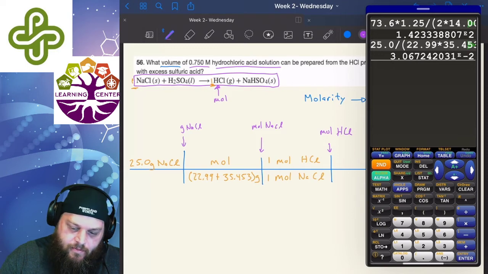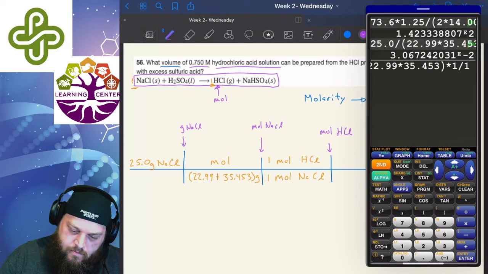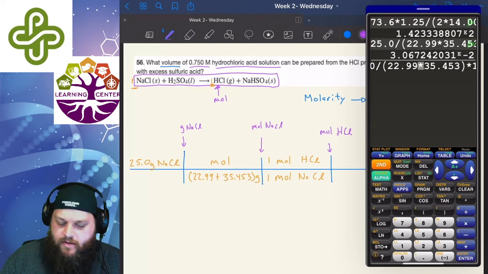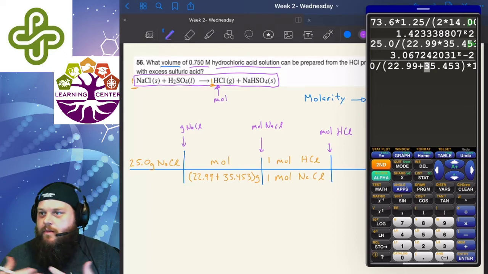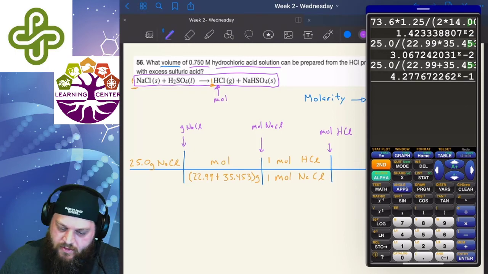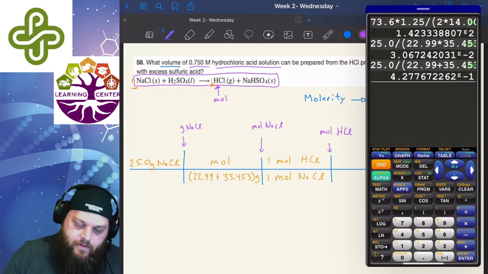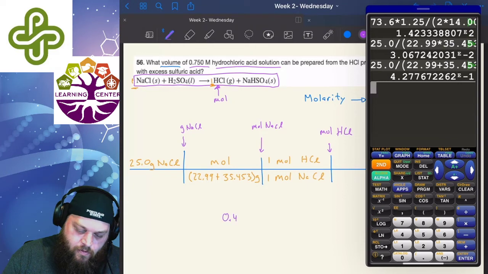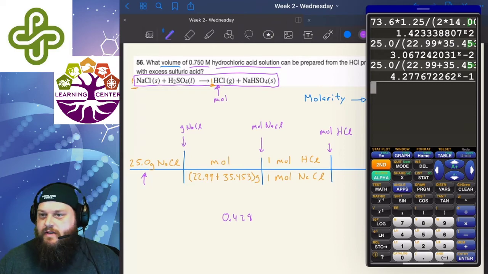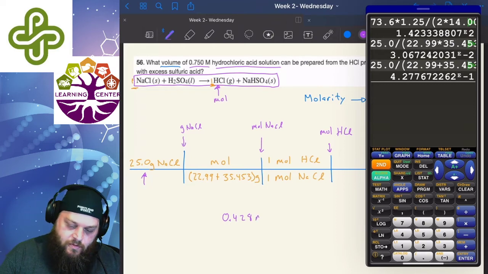Looks like I did it right. I didn't do it right. That's a multiplication. Should be a plus, because we're adding the molar masses together and then dividing by that. So let's do that correctly. Hey, that's what I got before. That's 0.428. I'm running to 3 sig figs because the one number I used in there was 3 sig figs. And this is moles of HCl.